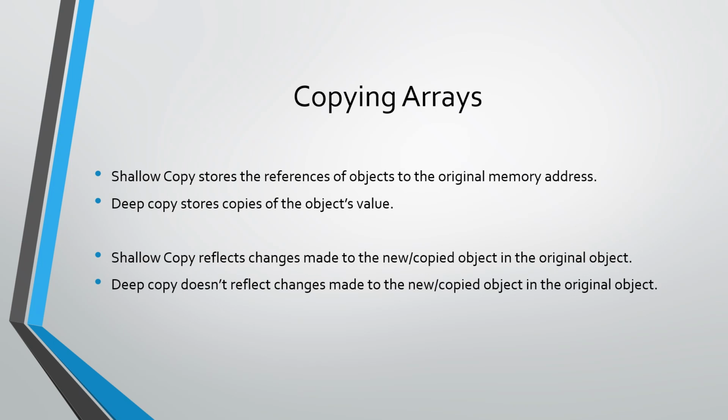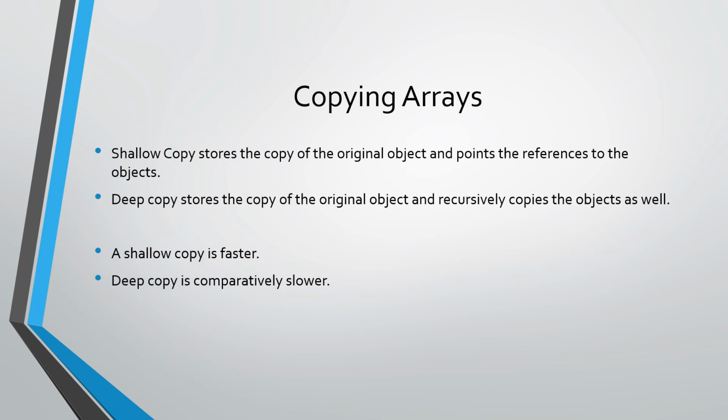So any changes made in the new array will affect the original array in case of shallow copy, but in deep copy the changes in the new array will not affect the elements in the original array. So that's the main difference. And shallow copy is faster than deep copy. So that is another point you should remember.